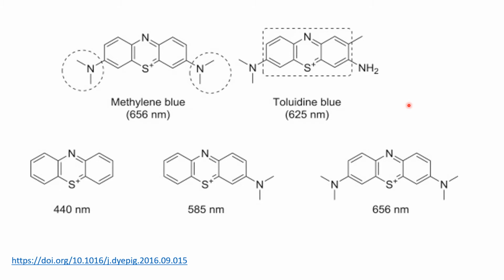Another example, we have methylene blue. As you can see, the backbone of methylene blue usually absorbs around 440 nanometers. But if we add some functional group, we increase its ability to absorb more energy. So now we have 585 nanometers.